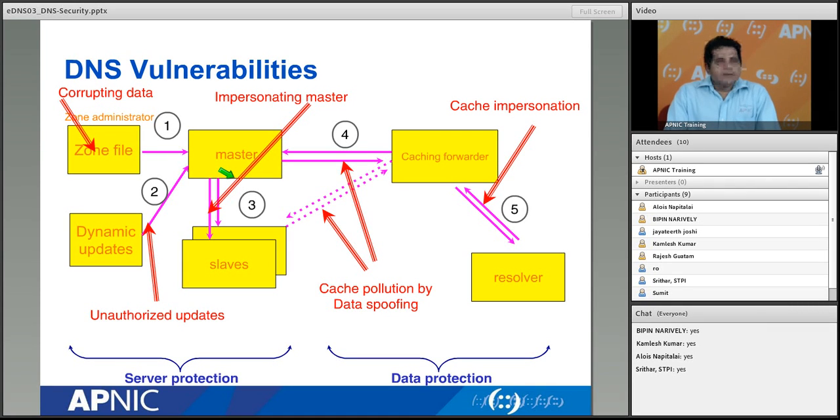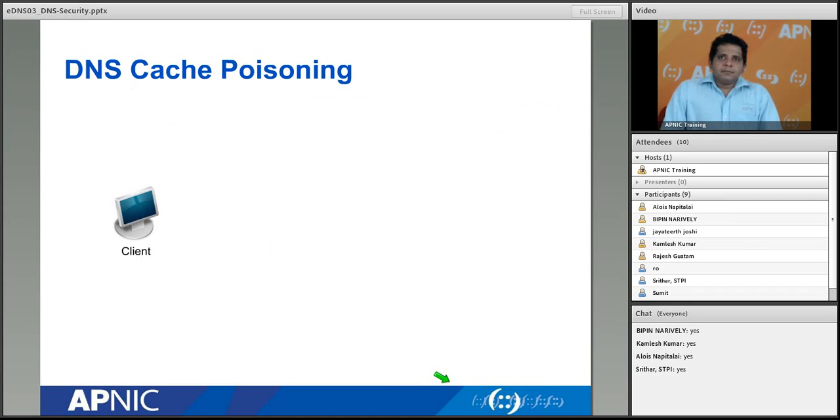So in one way, we protect our servers or the transactions, and the other way, we protect our zone data or the contents, right? That's why you see here server protection and then data protection. For this, we have different security mechanisms in DNS. We will discuss those later.